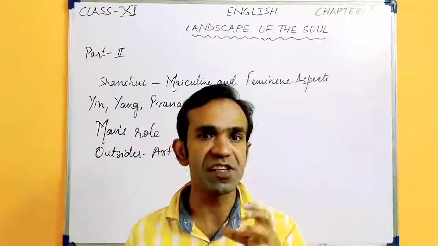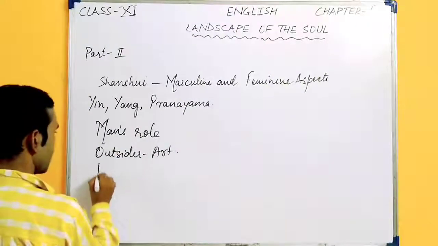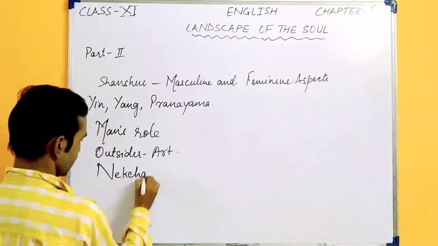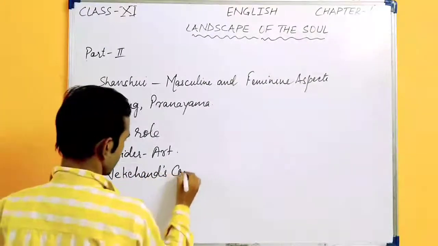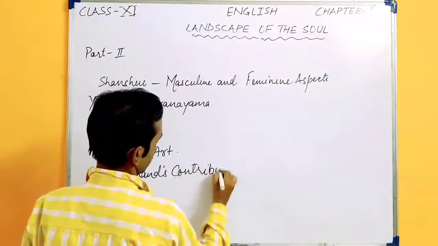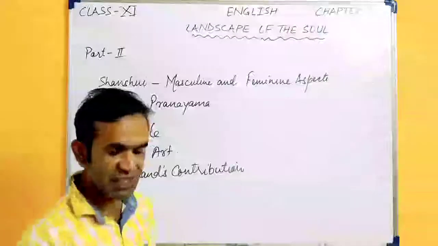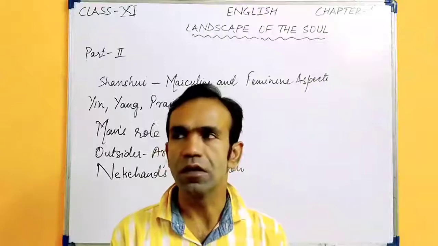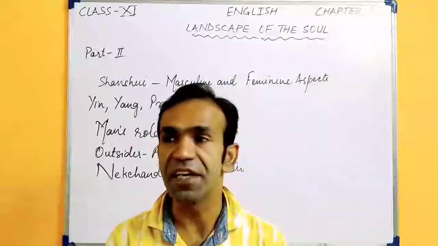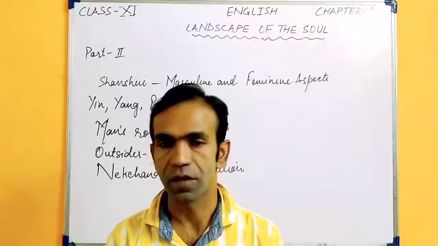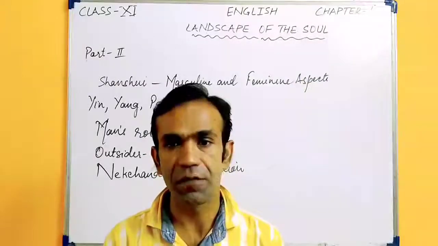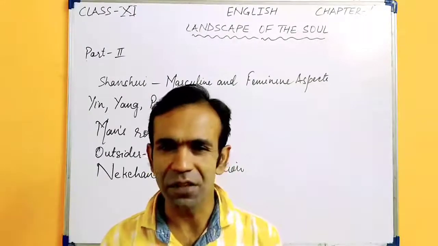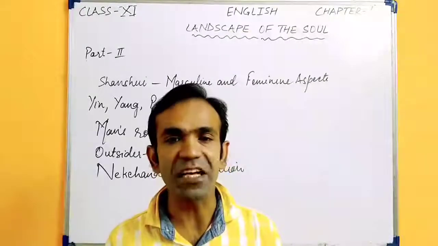Next is Nek Chand's contribution, related to this outsider art. What is Nek Chand's contribution to outsider art? Around the 1940s in India, an untutored genius was creating paradise. He made himself a garden sculpted with stone and recycled waste materials.